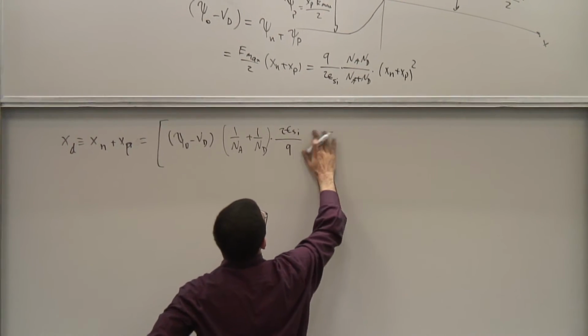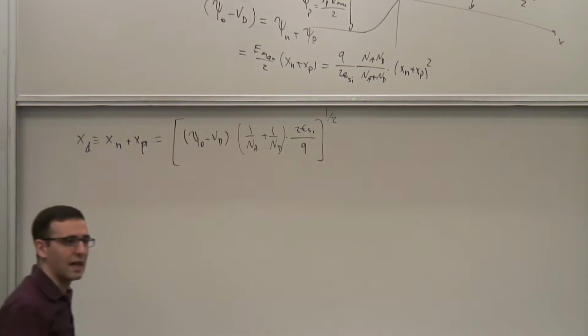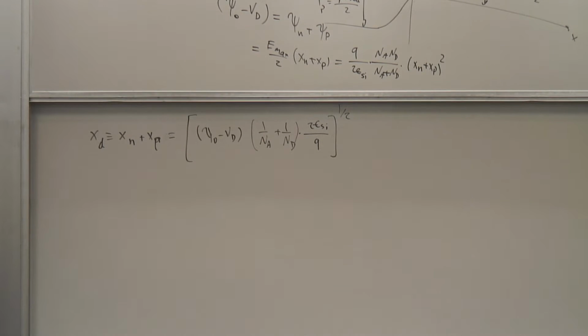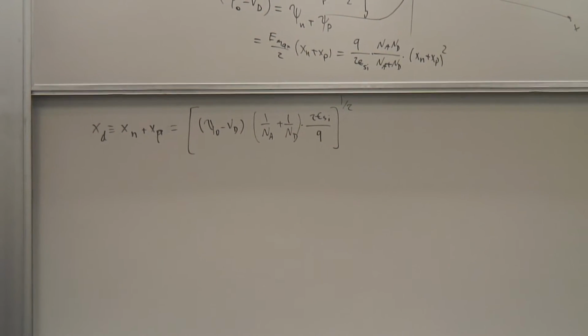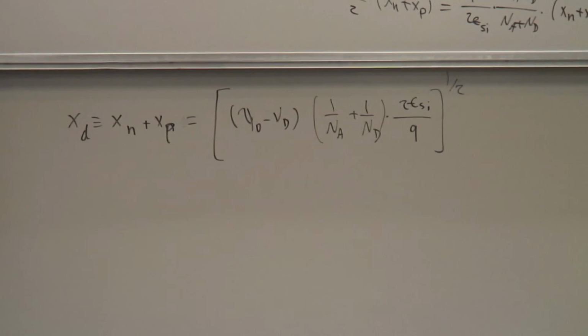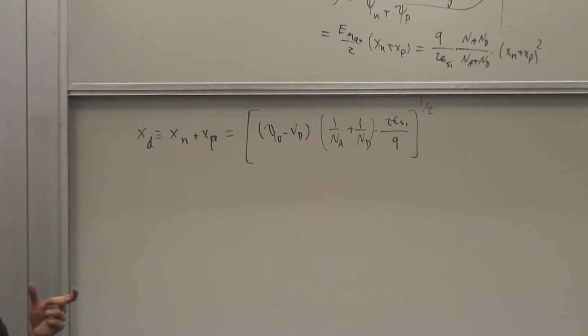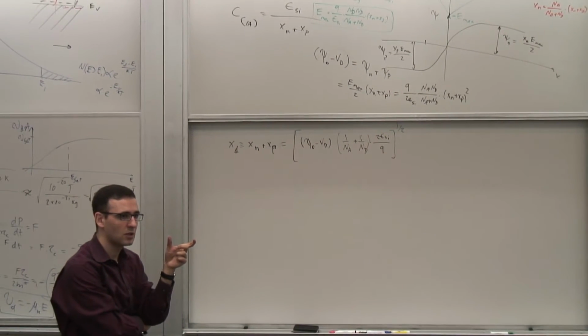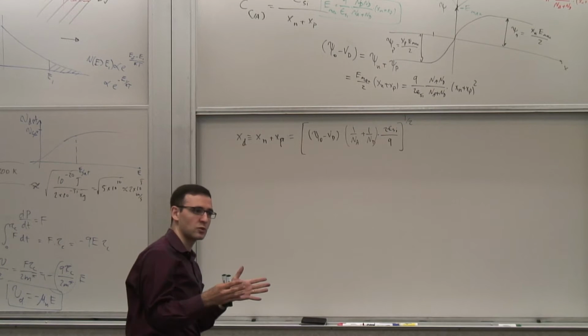So that tells you something interesting. You remember I mentioned this earlier, that the width of the depletion region in fact grows only as the square root of the potential applied, electric potential. So you double the electric potential, the width of the depletion region only goes up by square root of 2.